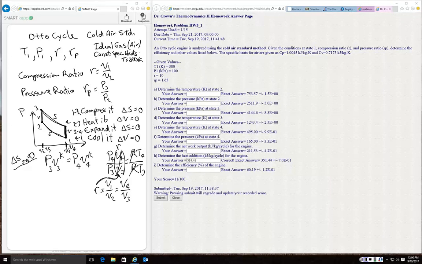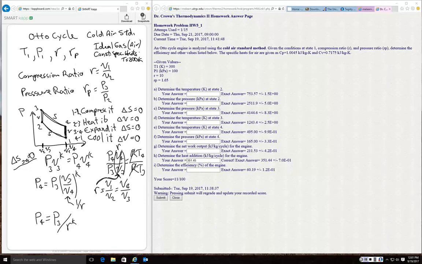I'm after P4, so let's write P4 equals P3, and I'll have V3 in the numerator, V4 in the denominator, to the power K. Now V4 over V3 is R, so this is 1 over R. And so I get that P4 equals P3, and I can either do divided by R to the K or times 1 over R to the K, but I'll do divided by R to the K.